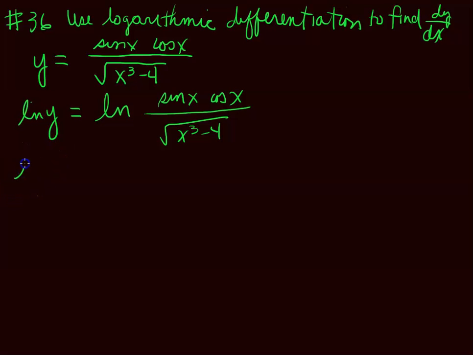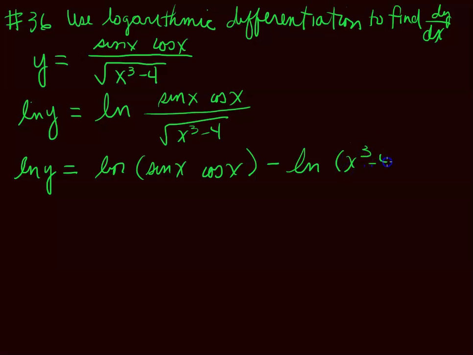So, left side just ln y. But now the log of a quotient is the ln of the sine x times cosine x minus the natural log of, let's write it as x cubed minus 4 to the 1/2 instead of square root.